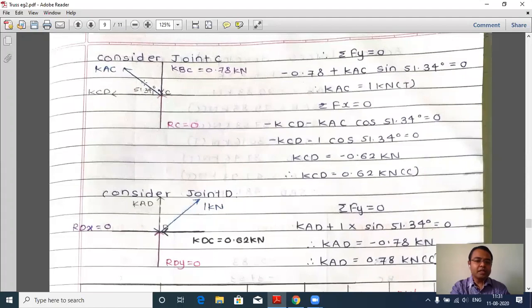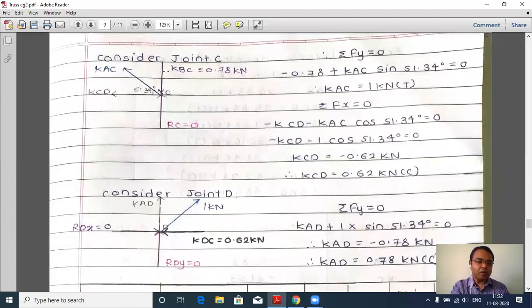Here the unknown is KAC, and we assume it as tensile. We know the value of KBC: KBC was 0.78 kilonewton compression.